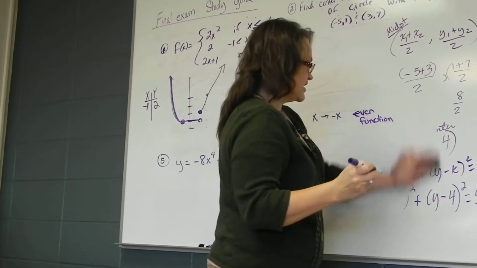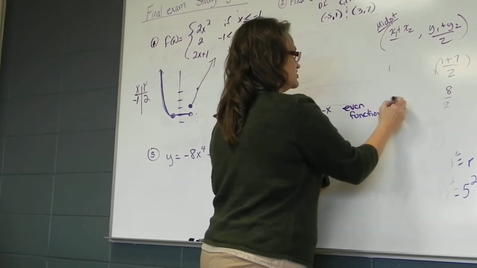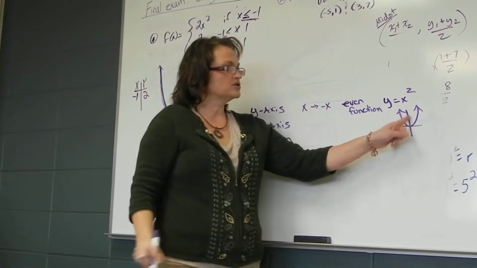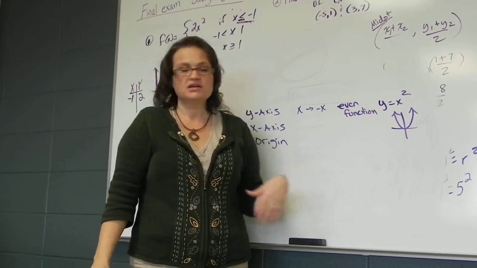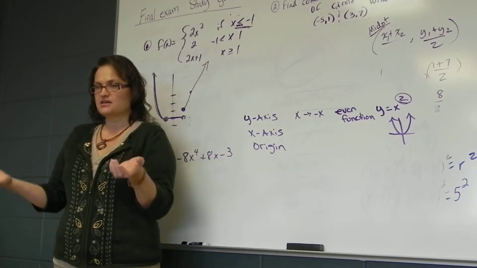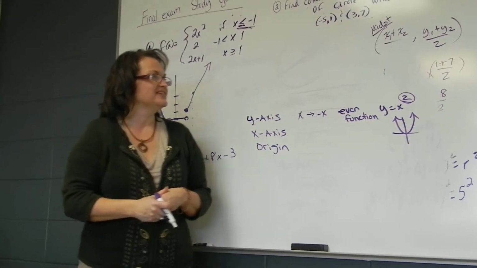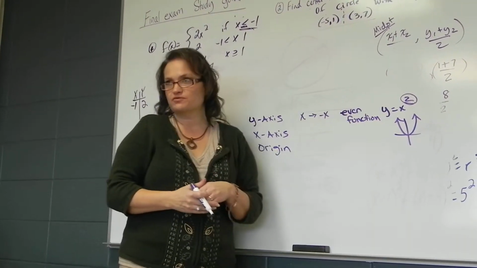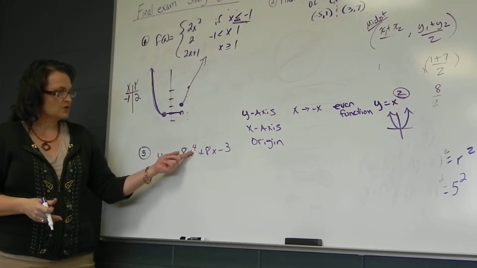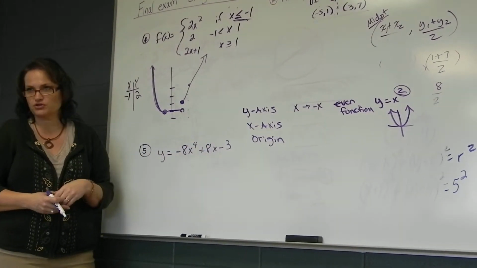Like y equals x squared is an even function. You can see it's a parabola. If you fold it along the y-axis, it meets. So any equation where all of the x's exponents are even, you're going to get this effect where you could fold it along the y-axis. So that's not happening here. I've got an x to the 4th and an x to the 1st.